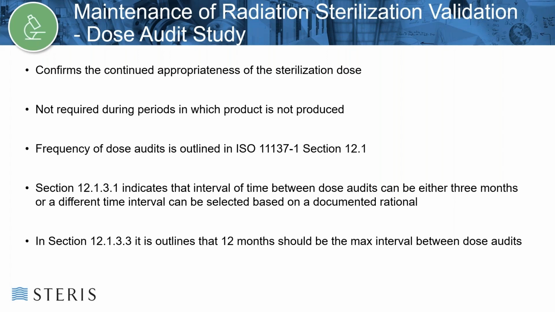Section 12.1.3.1 indicates that the interval of time between dose audits can either be 3 months or a different time interval can be selected based on a documented rationale. In section 12.1.3.3, it identifies that 12 months is the longest or maximum interval between dose audits.